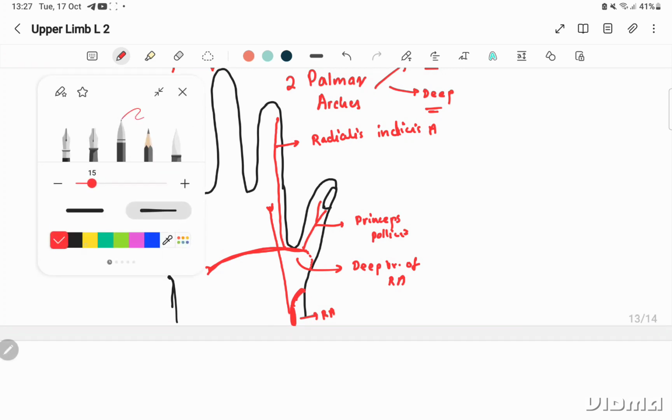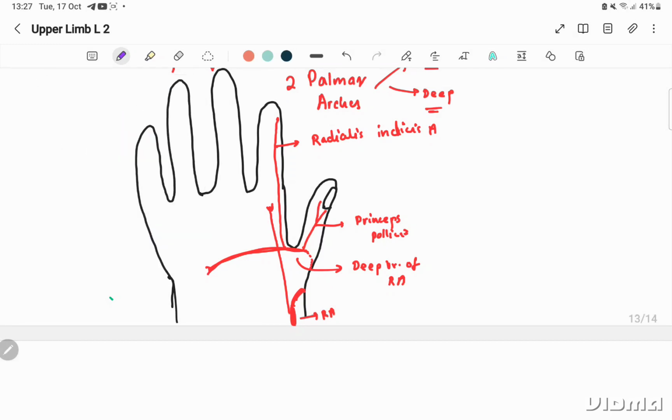Let's talk about the ulnar artery. Let me draw the ulnar artery in not blue, not green also, because these are the general color combinations of different structures, so you may just confuse it with a vein or something. Let's say this is the ulnar artery. Let it come. This would form an arch like this here.